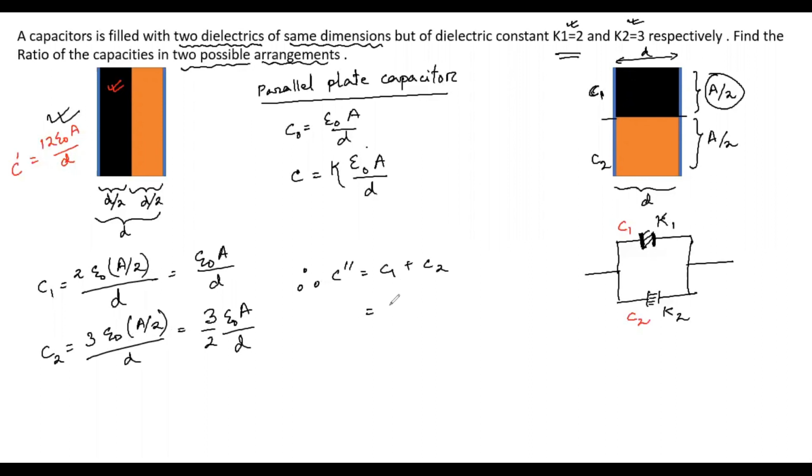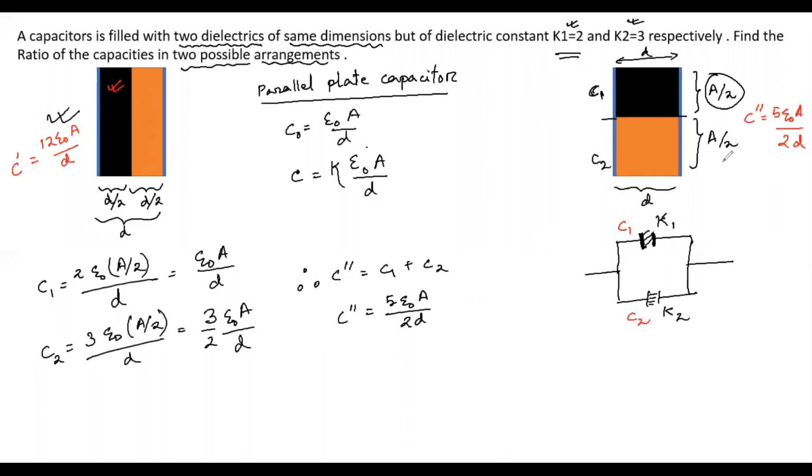When we calculate, it will be 5 epsilon naught A by 2d. This is the effective capacitance of this arrangement, right? So C double dash is 5 epsilon naught A by 2d.